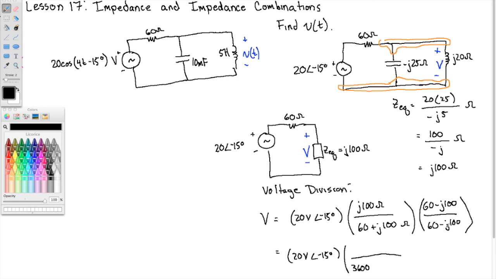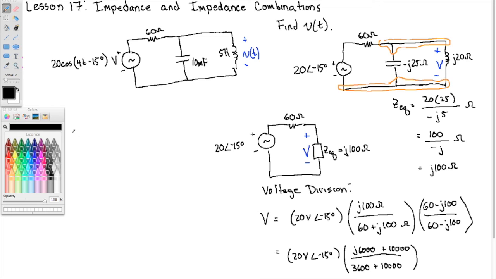Minus j times plus j gives me plus 1, and I get 100 times 100, so that's 10,000 in the denominator. So when you multiply a complex number by its conjugate, you get its magnitude squared, so it's purely real. And then in the numerator, I get j100 times 60, so that makes j6,000. And then j100 times minus j100 makes plus 10,000.